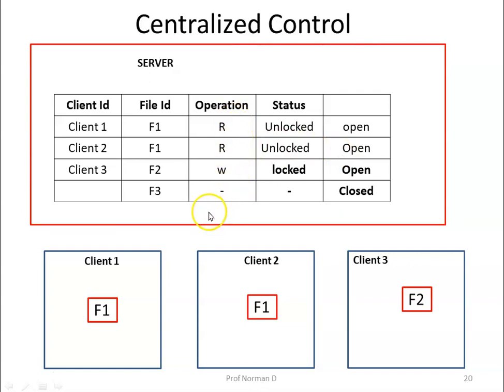If a file is open for reading, then there is no problem with letting other processes open it for reading, like we have file F1 opened by two clients only for reading purpose. But opening it for writing must be avoided. Similarly, if some process has a file open for writing, all other accesses must be prevented.